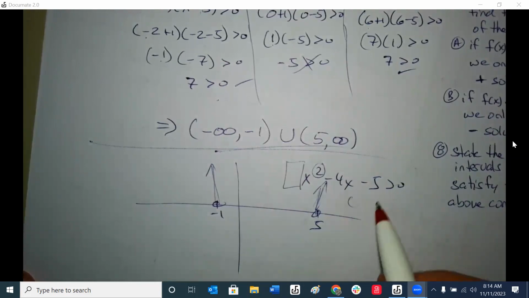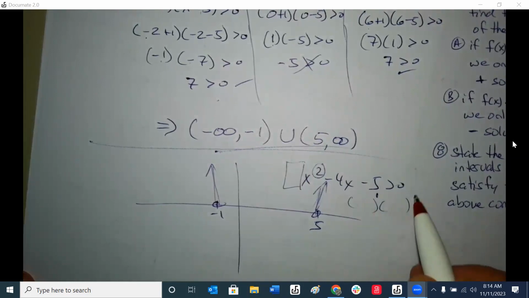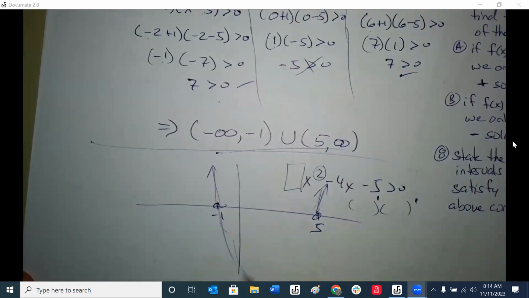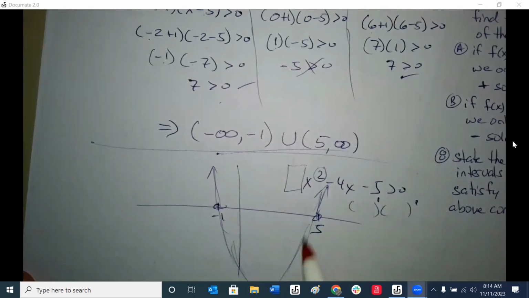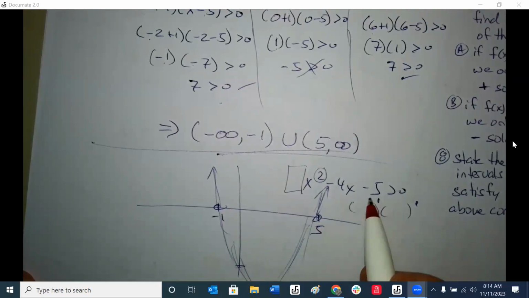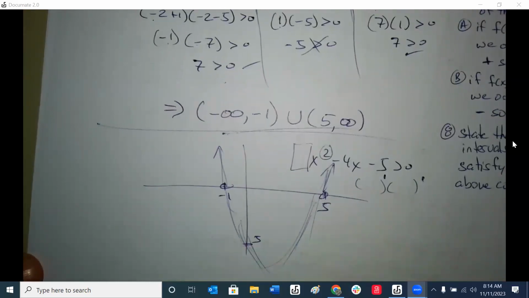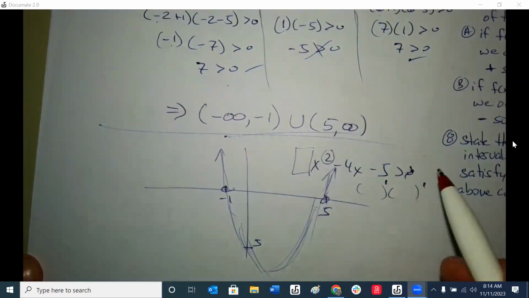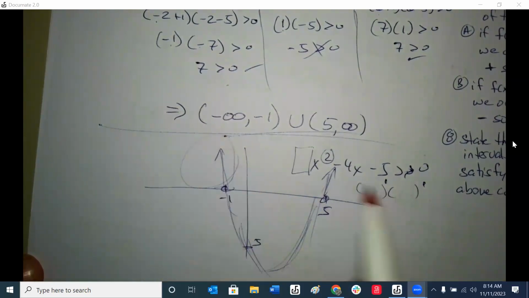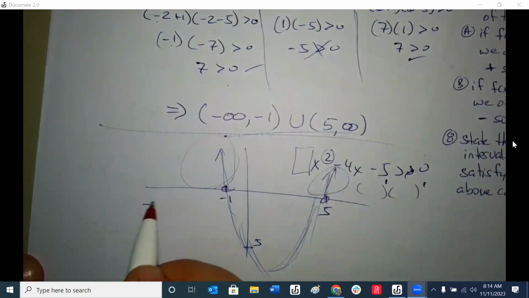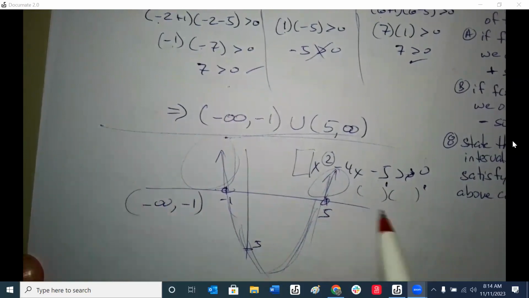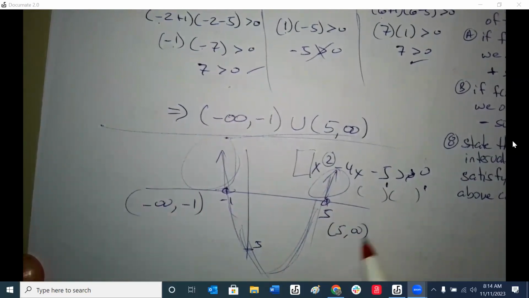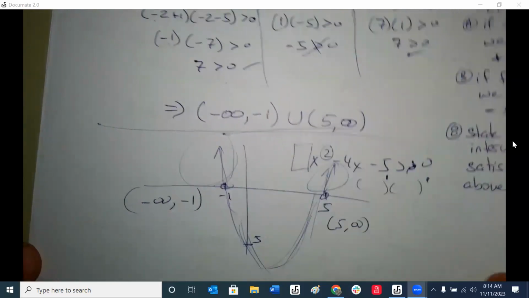And since when I factored them my multiplicities were 1, it crosses the x-axis, and has a y-intercept of -5. So the only place this graph is greater than 0 is from -infinity to -1, and from 5 to +infinity. Again, you could do it either way you want to.